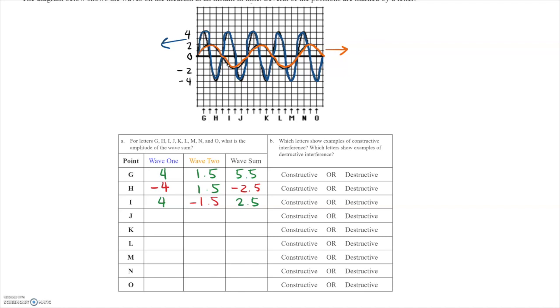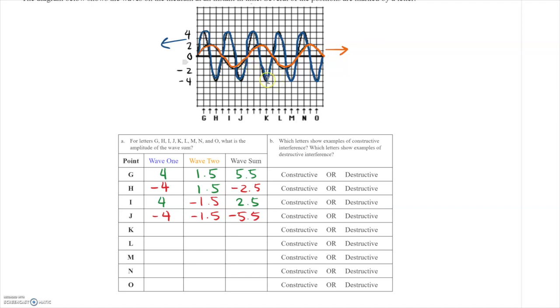At J, wave 1 has an amplitude of -4, while wave 2 has an amplitude of negative 1.5. If we add these two values together, we would get a wave sum of negative 5.5 for our resultant wave. All right, I think you get the hang of it. Let's just continue quickly.